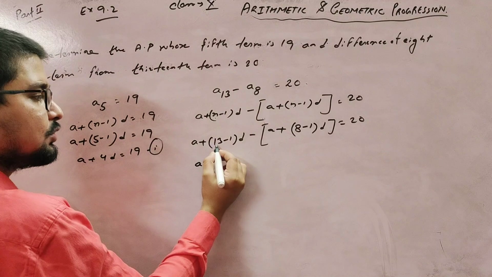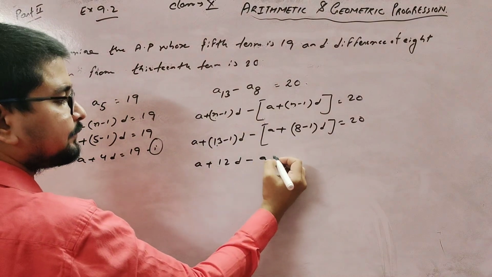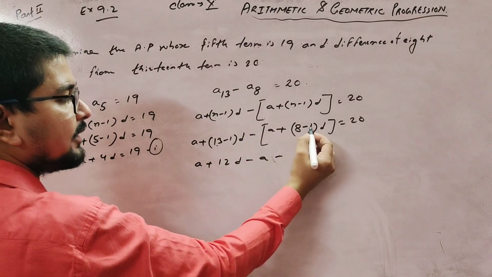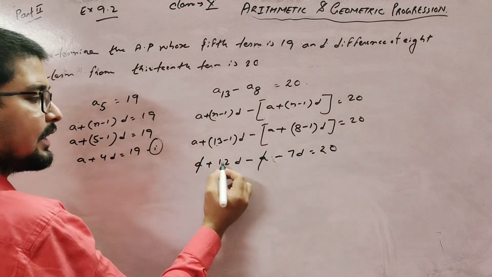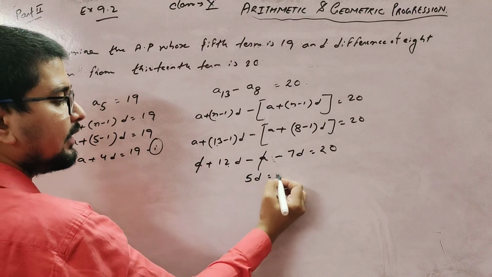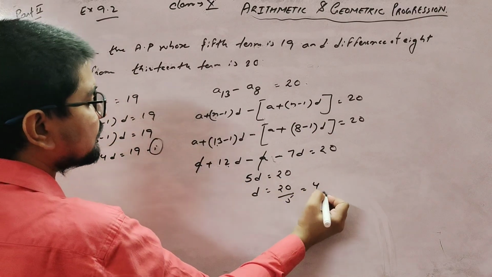So A plus 13 minus 1, that is 12D, minus A plus 8 minus 1, 7 into D, 7D equals 20. So plus minus cancel, 12D minus 7D, that is 5D equals 20. Therefore difference equals 20 upon 5, that is 4.